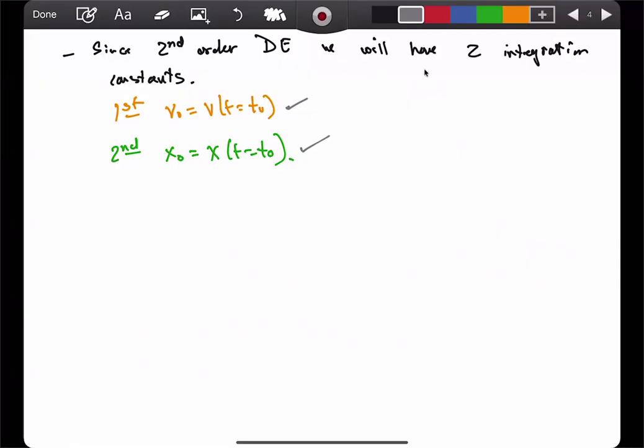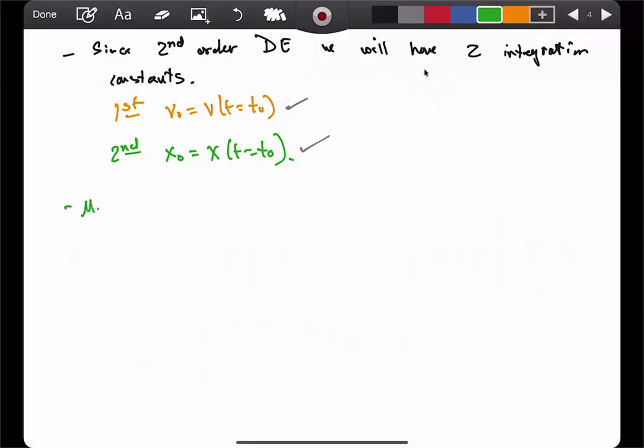Now, note that, since we are dealing with differential equations and doing integrals, basically we have a small sliver of differential equations we can actually solve, or a small sliver of integrals that we can actually solve. So in many cases, this may not be analytically possible.